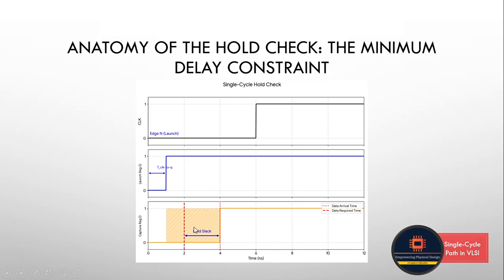The safe gap between arrival and required time gives us the hold slack, because the data arrived comfortably after the deadline, our hold check is perfectly safe, and we can say that the slack is positive. The value should be positive enough. In the calculation, we will see the data arrival time is more than the data required time.